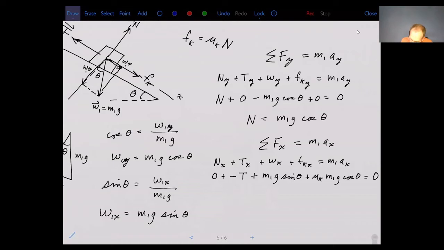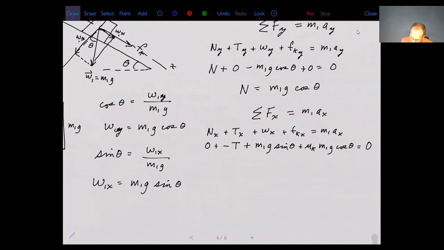Okay. Now what I can do is solve this for T, right? I want to figure out what the tension is. So basically, I'll add T to both sides and bring it to the right-hand side. And I'm going to get m1g mu k cosine theta. I'm going to rearrange terms a little bit. I'll write that second term plus m1g sine theta.